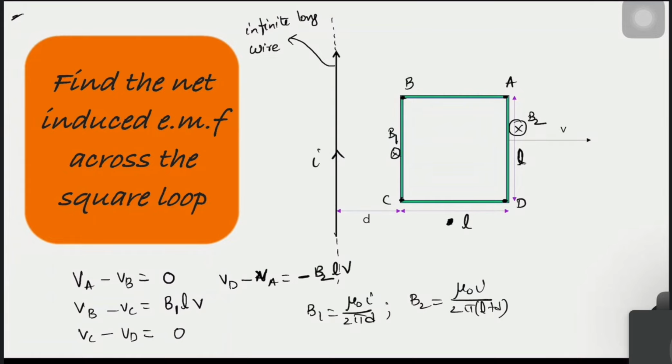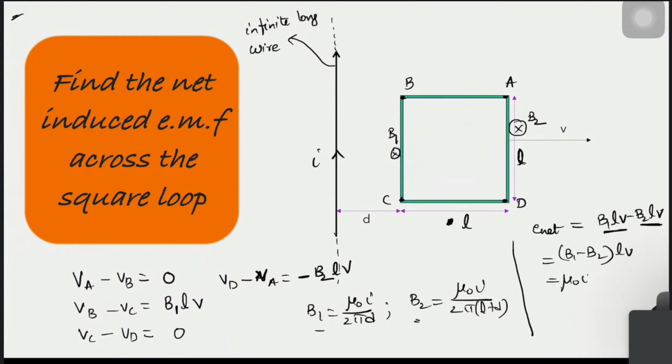Now when we want the net induced EMF, what we'll do? We'll add up all of them. Net induced EMF will be B1 LV minus B2 LV. Hope everyone is clear with why we are taking B1 LV minus B2 LV. So this will be B1 minus B2 into LV. So B1 and B2 values we have here.